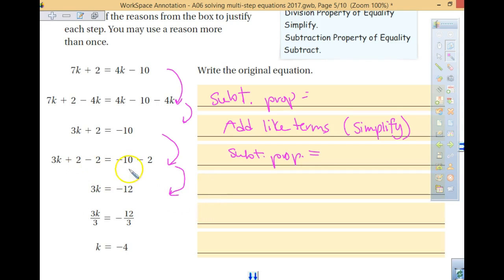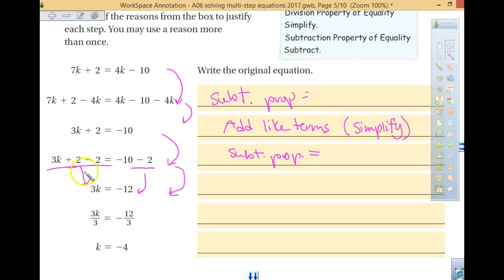Minus 2. Okay, so from here to here, this is where we subtracted the 2 on both sides, subtraction. So now I'm looking from this step right here. How did I get from here to here and from this to here? What happened?